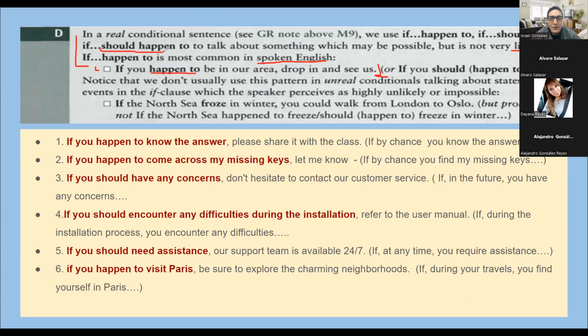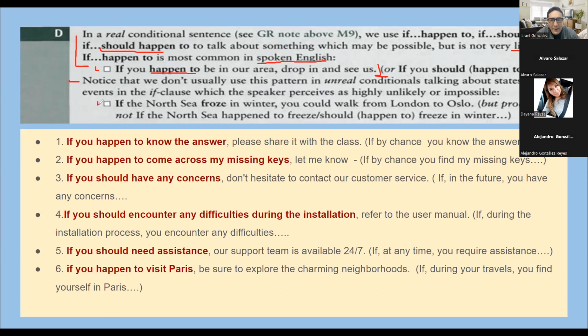We are going to check some examples. Okay, can you continue reading, Alvaro, please? Yes. Notice that we don't usually use this pattern in unreal conditionals, talking about states or events in the if clause which the speaker perceives as highly unlikely or impossible.